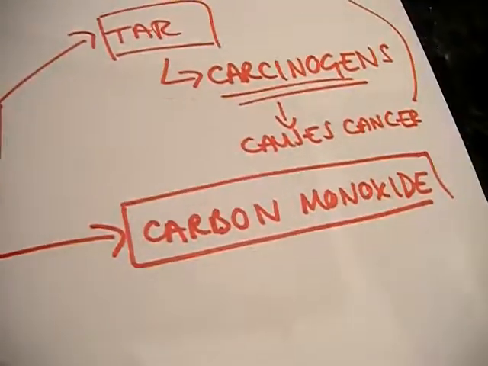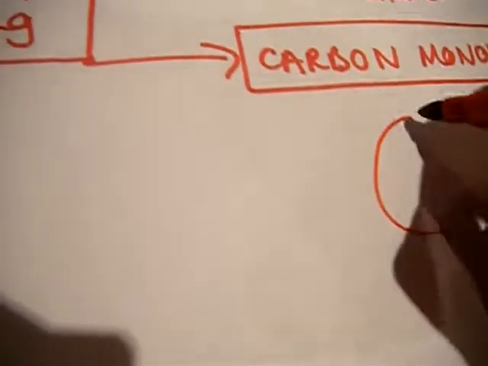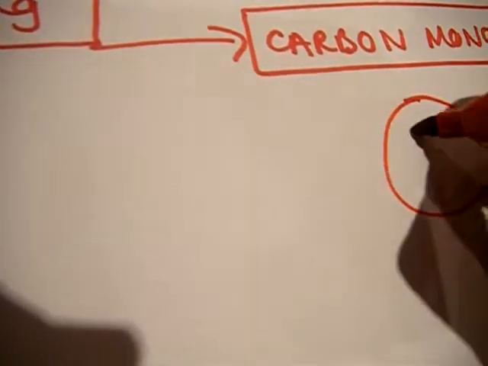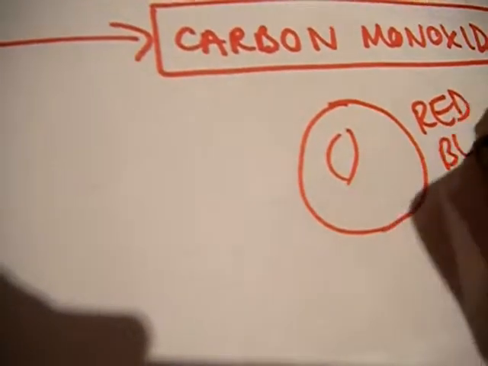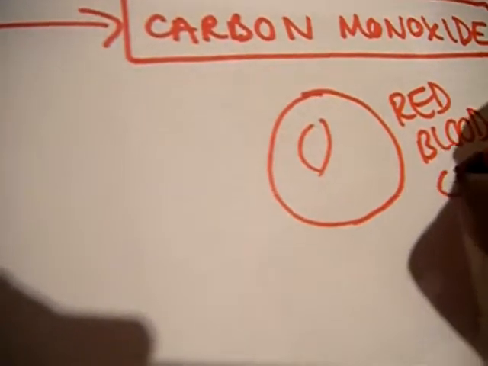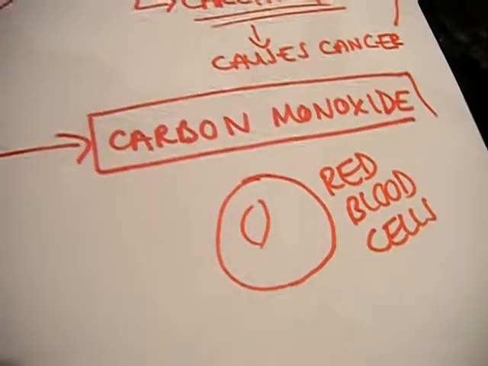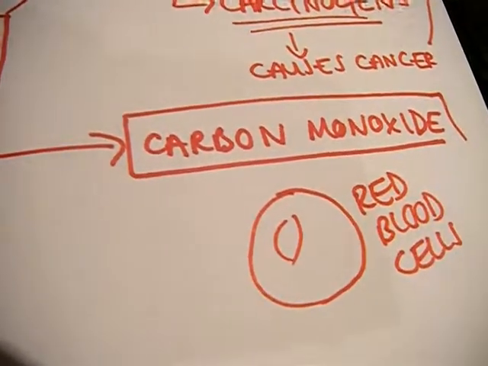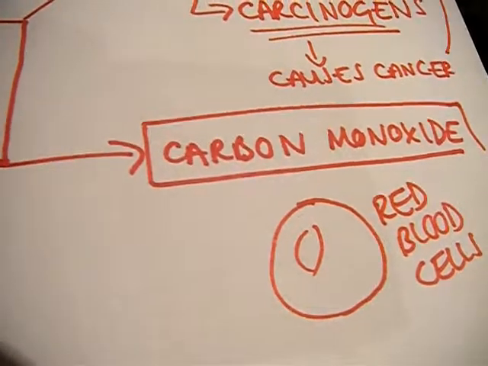In order for oxygen to travel around your body, it needs to travel on red blood cells. So there's my red blood cell. Red blood cells have in them this thing called hemoglobin, and this acts like a truck to transport the oxygen around in the blood.